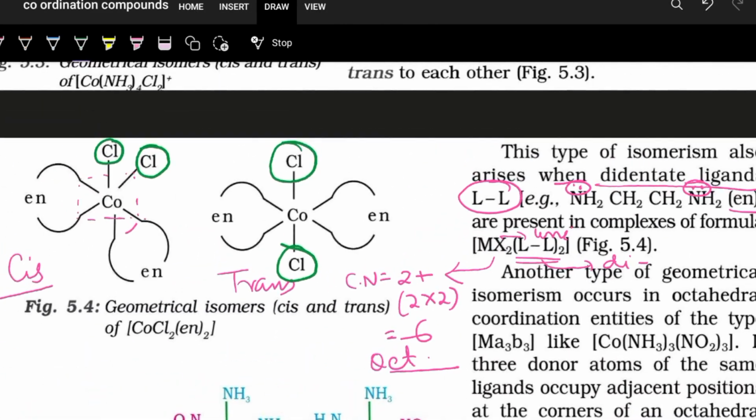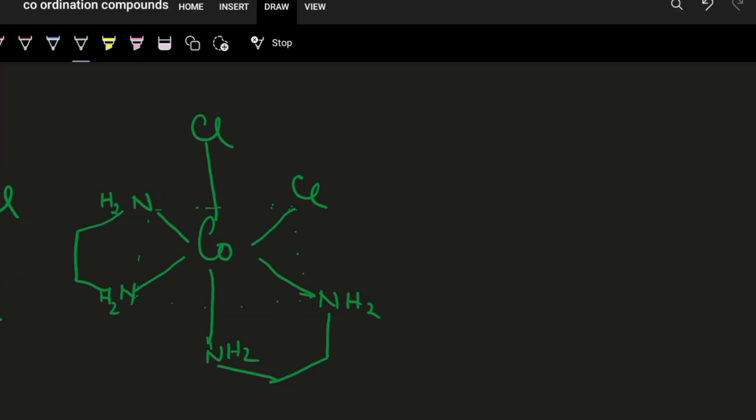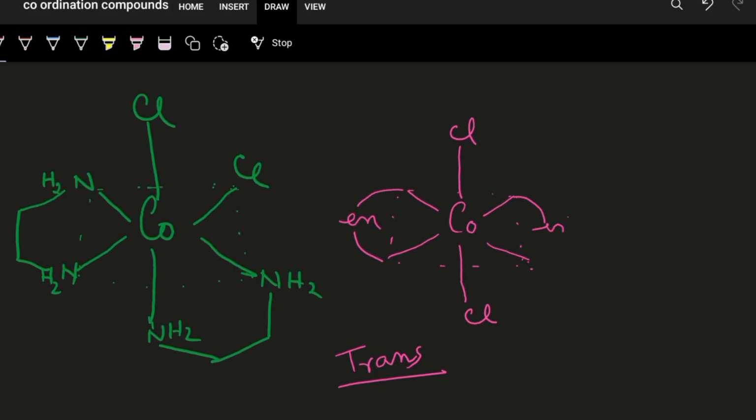Now, trans isomer. Try for your own. I said one thing, that for a trans isomer, try to locate the Cl atoms anti to each other. So first try to locate that. This is the Cl and this is anti to it. So this is your trans isomer. Now you know Cl is monodentate. The other two, which are didentate ligands, are ethane 1,2 diamine. So you make the abbreviation en here, and another abbreviation en here.